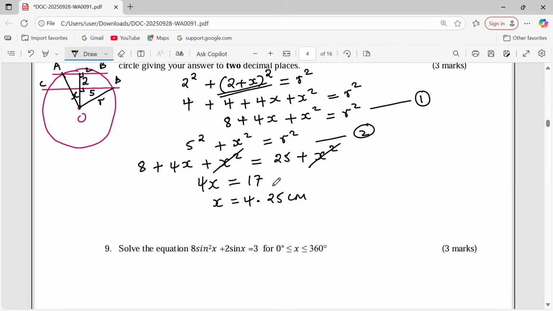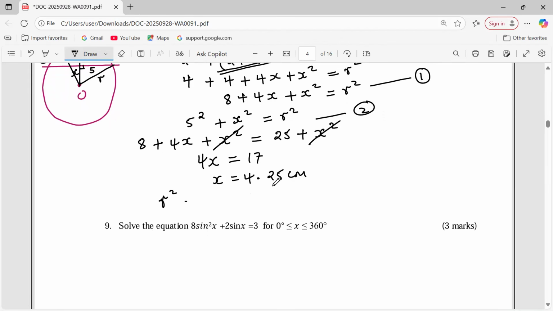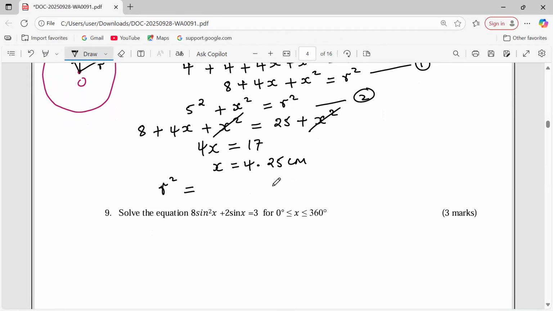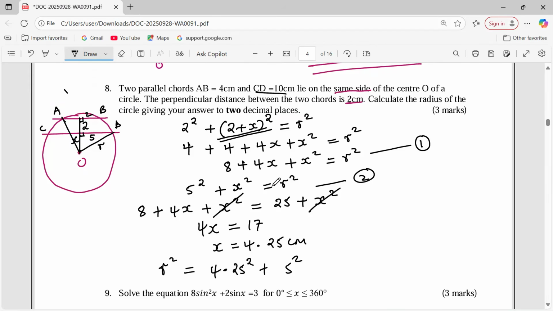So we are saying r squared equals x squared, which is 4.25 squared plus 5 squared. So that now we take the square root to find r. The square root of 4.25 squared plus 5 squared.